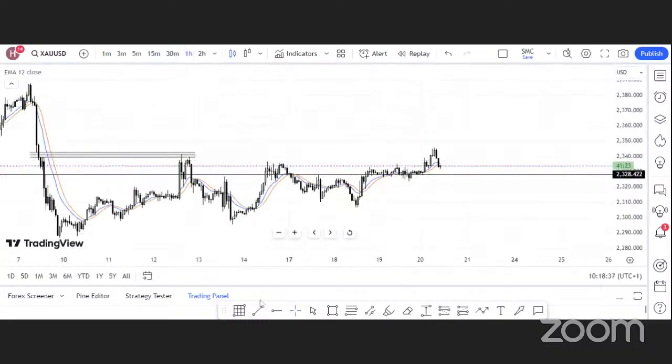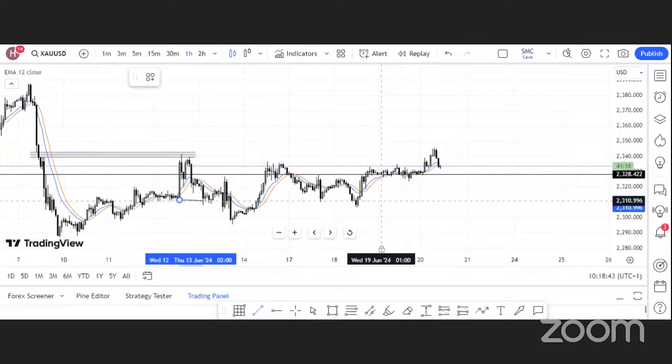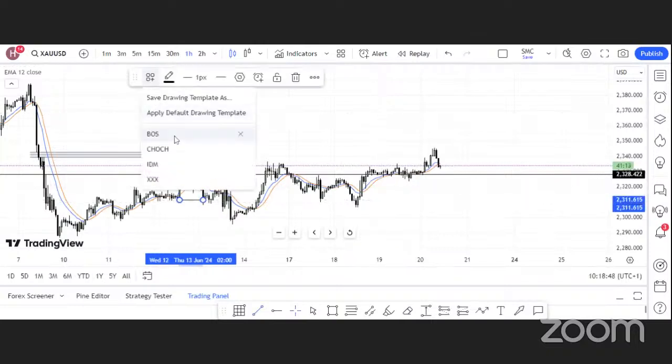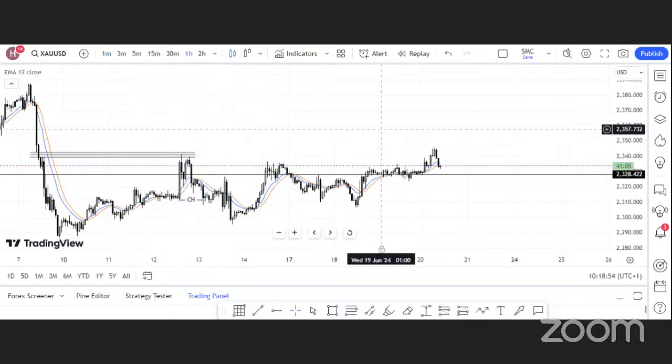After taking out liquidity, the market broke this low. When the market continues and goes ahead to break either a previous low or a previous high, it simply means that the market is trying to reverse.